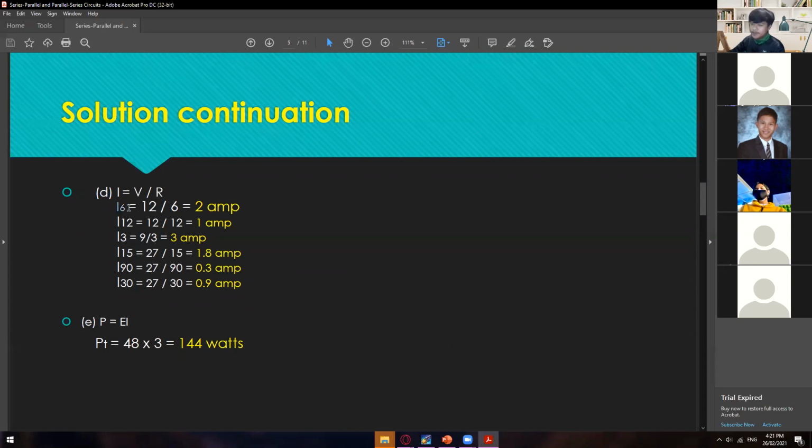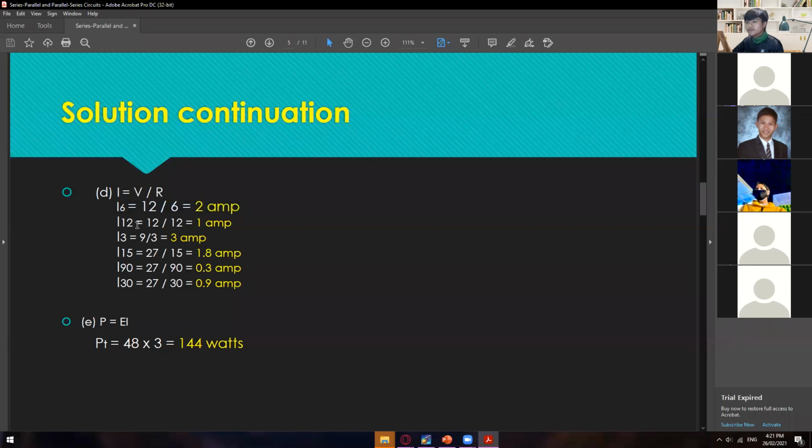So just get the total voltage divided by the individual resistance, which is 6, 12, 3, 15, 90, and then 30. And then you will get the corresponding individual currents.